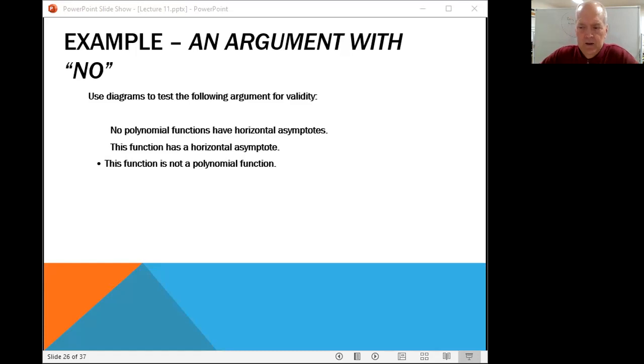So that is our minor premise. And then you can tell diagrammatically if it's part of the conclusion or not. So again, the minor premise in this case is represented by placing a dot inside the disk with asymptotes. So the argument is valid. That function was not a polynomial function.